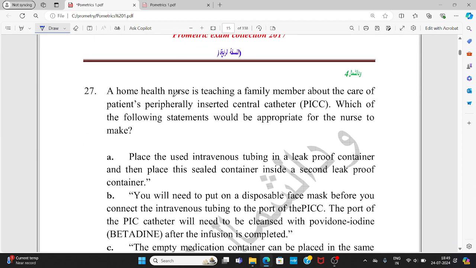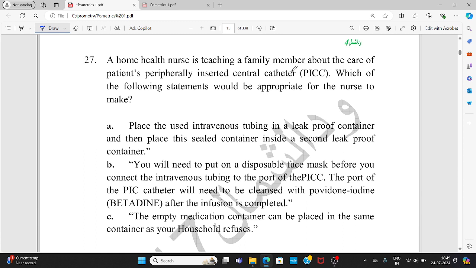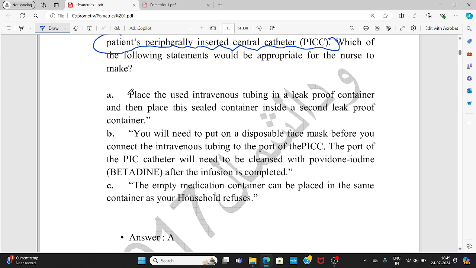A home health nurse is teaching a family member about the care of PICC. PICC is patient's peripherally inserted central catheter. Which of the following statements would be appropriate for the nurse to make?